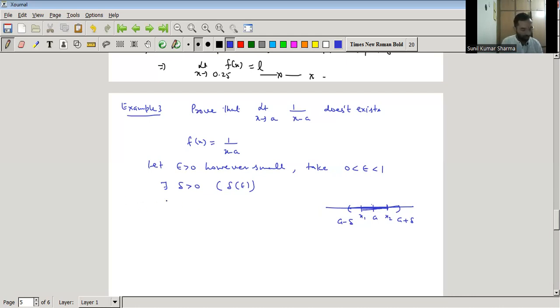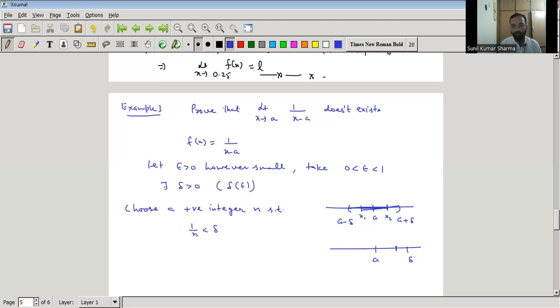So we choose a number because delta is greater than 0. We choose a positive integer n such that 1 upon n is less than delta. Delta is any positive real number.